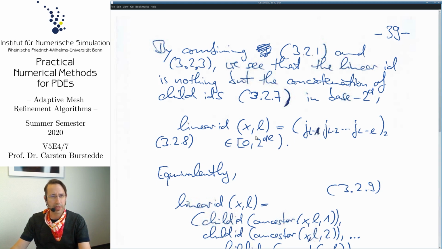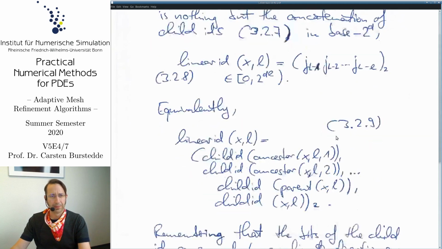So again, here you have it. The linear ID is just concatenating the child IDs in binary, or if you understand each child ID as one digit of the 2 to the power of d base, then this is not in binary but in base 2 to the power of d. You see also that we have little l entries here, depending on the level of the input.